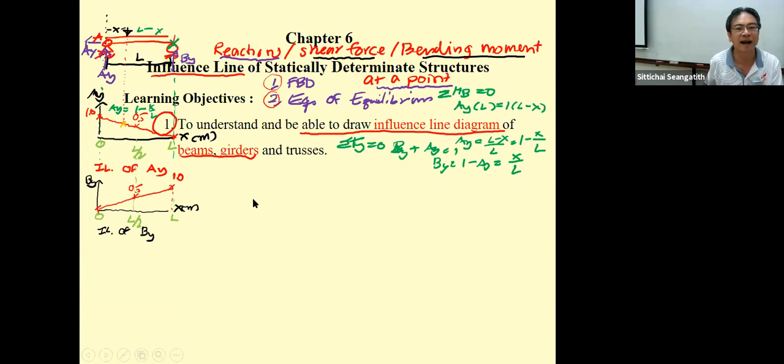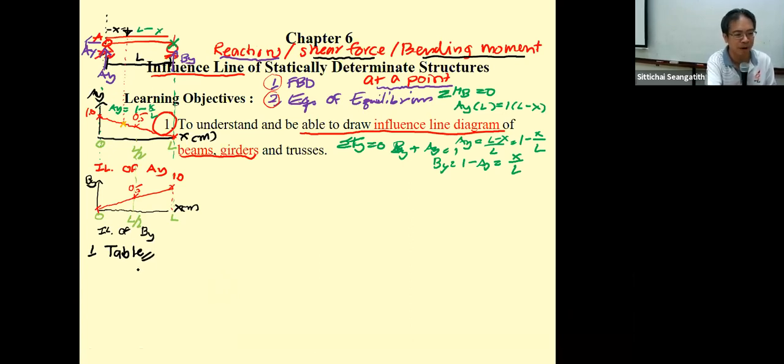By doing this, it means we can draw the influence line diagram in three ways. One, you can draw it by creating a table. You move the X by, for example, 2 meters, find the reaction. You move it to 4 meters, find the reaction. You move it to 6 meters, find the reaction.